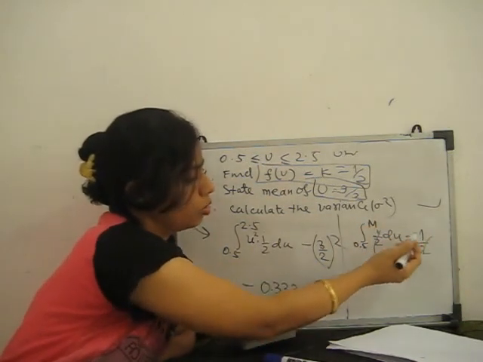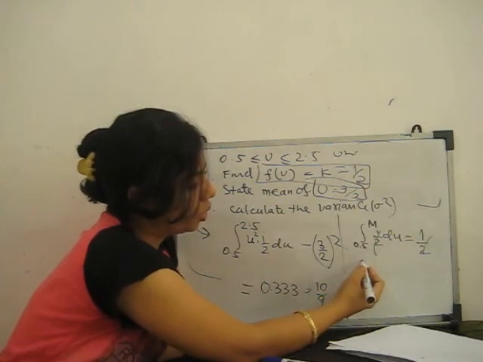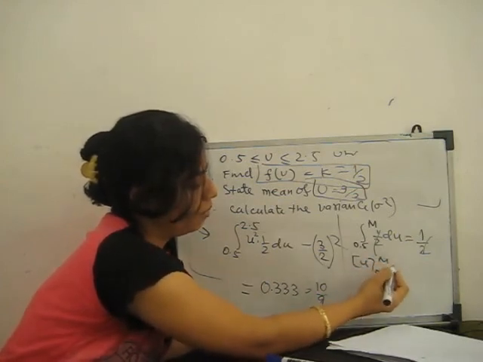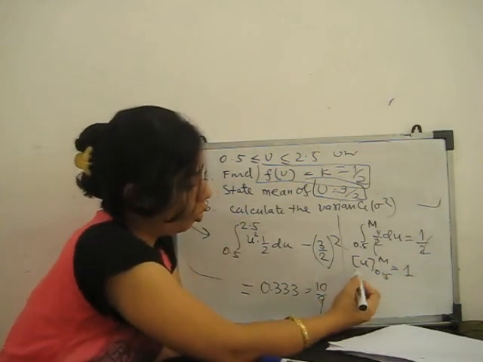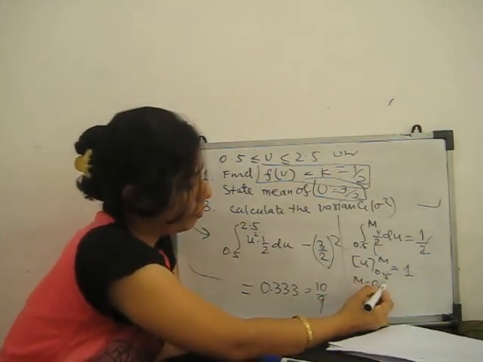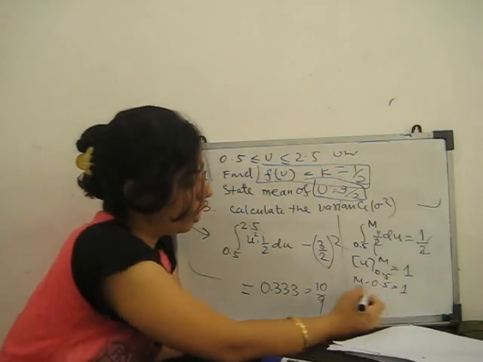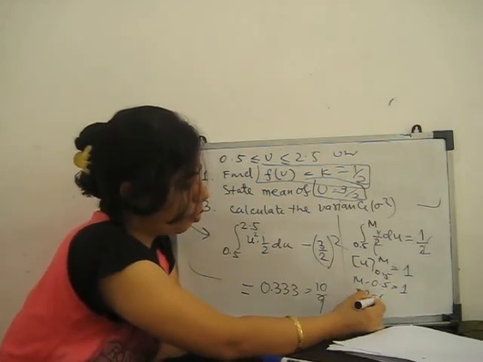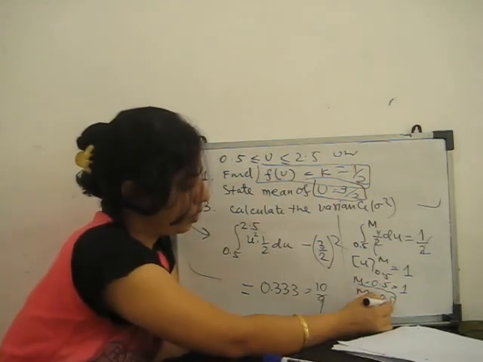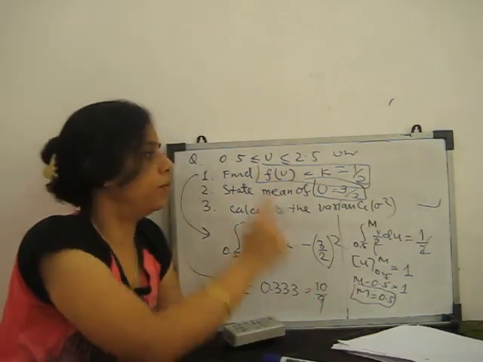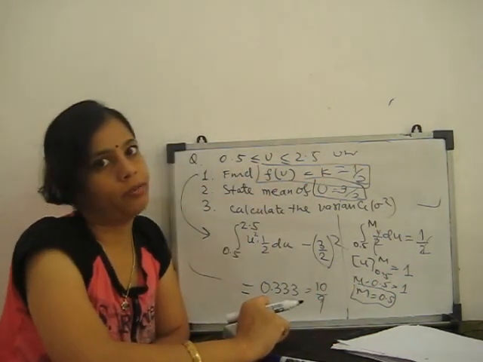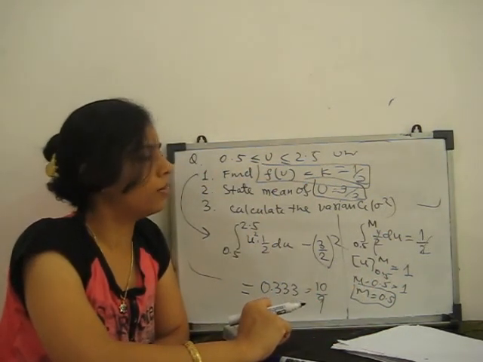If we cancel out, the integral of du is u, from 0.5 to m, equal to 1. So m minus 0.5 is equal to 1. So m is 1.5. Clear? So the median value of this is also 1.5 because it is a constant function.